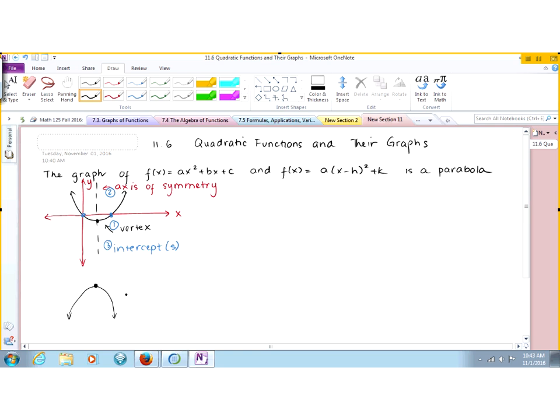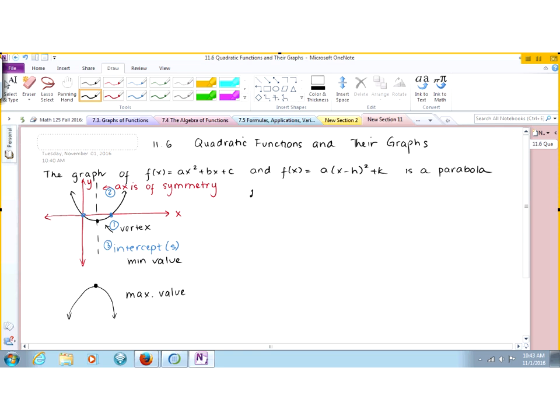Maximum value. And the parabola that opens up has a minimum value. The minimum and maximum values are at the vertex.